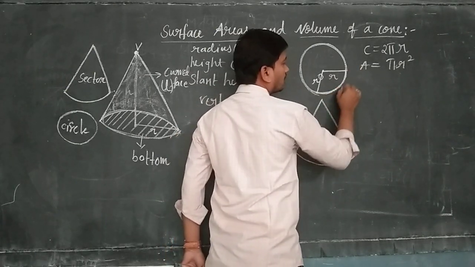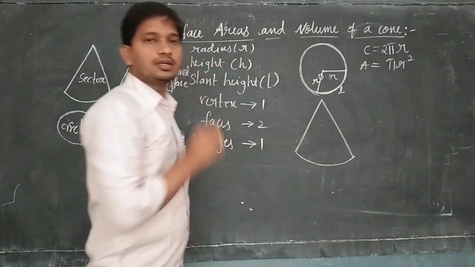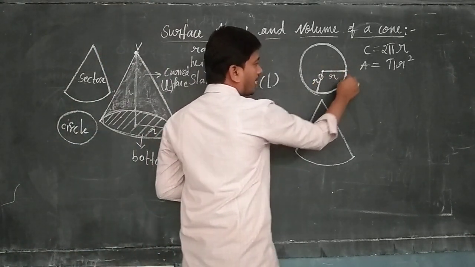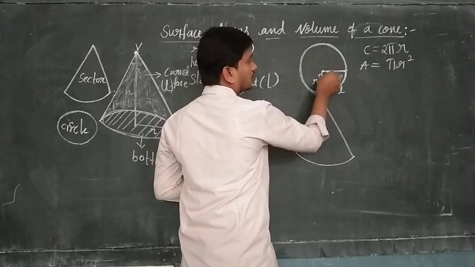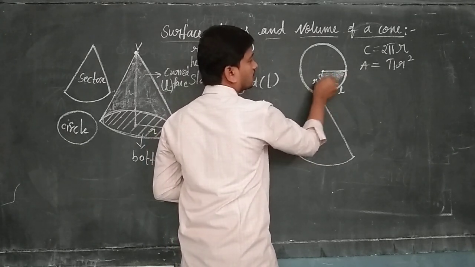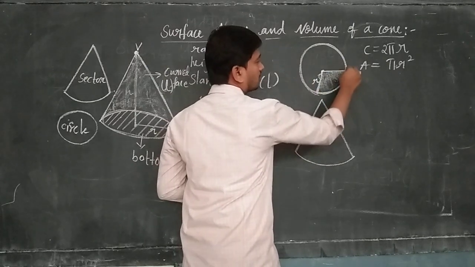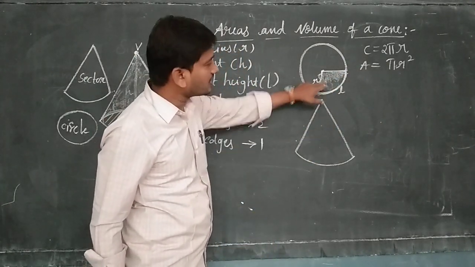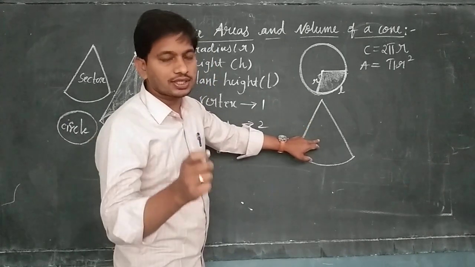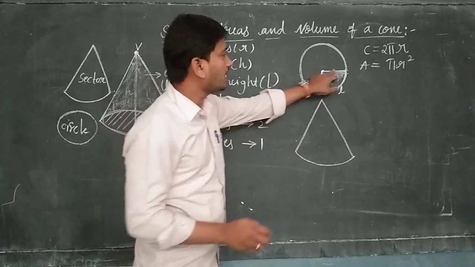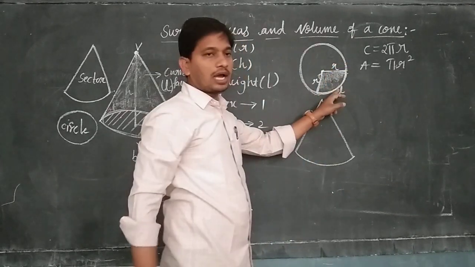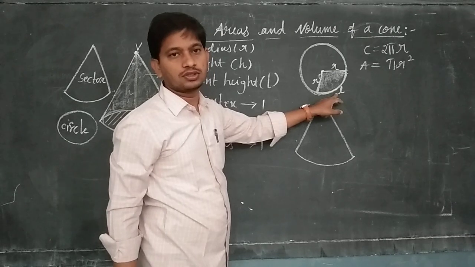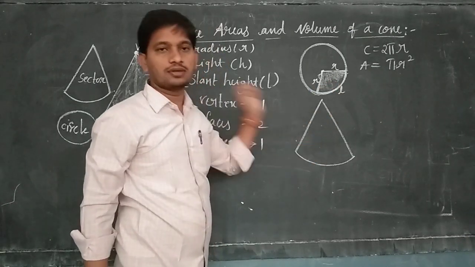Let the length of the arc be L. You can see here, I can cut this sector like this. This region is called a sector.